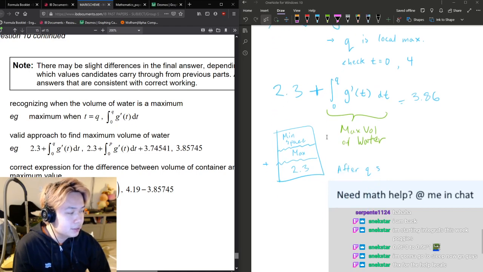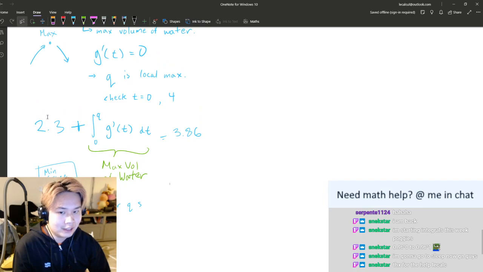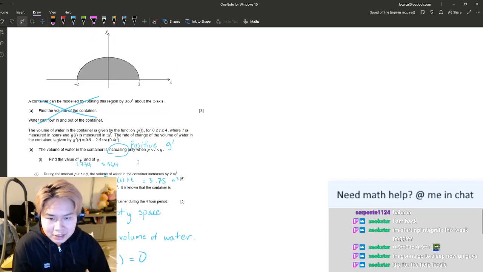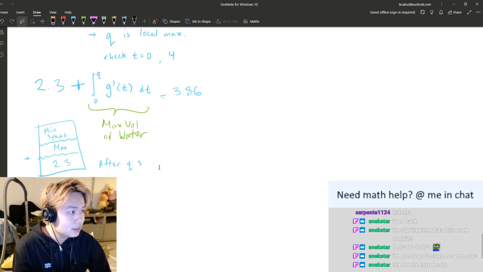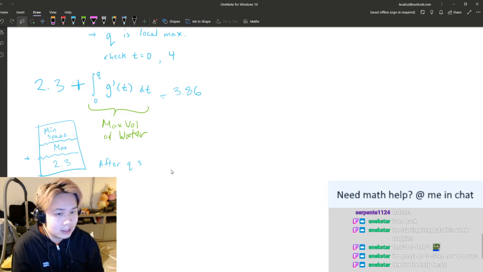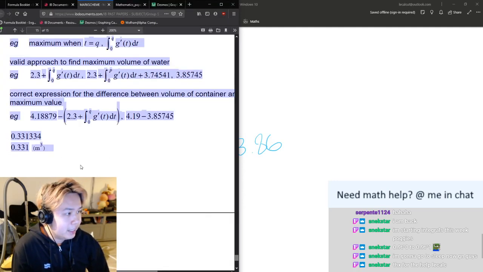Oh, we have this. Oh, whoops. Right, they want to find out the minimum amount of space, and what I just found out is the maximum amount of water. So how much does this container hold? Oh, that was in part A. Whoops. So I couldn't completely finish this question, because then I do the volume minus 3.86 and I'll get the actual final answer.